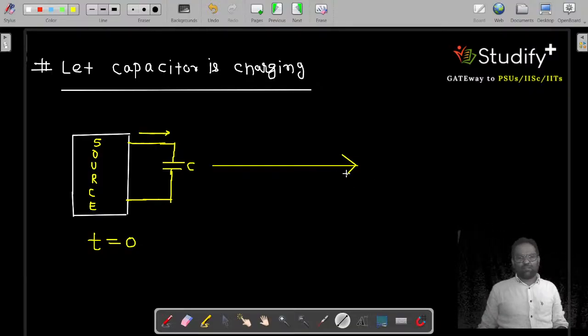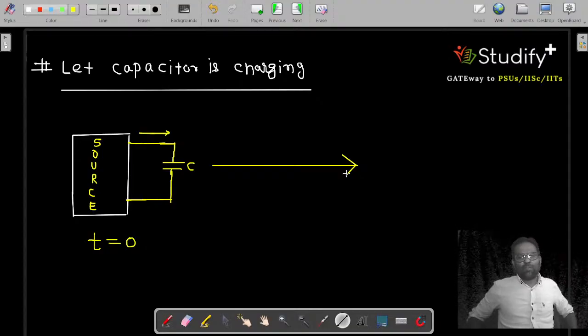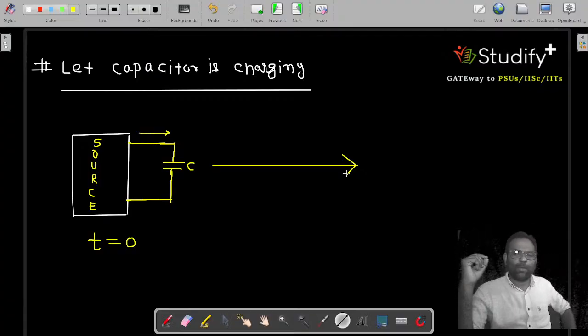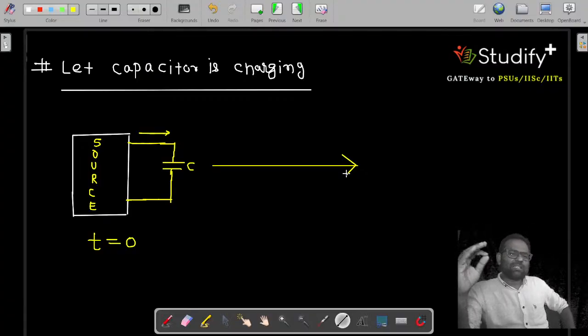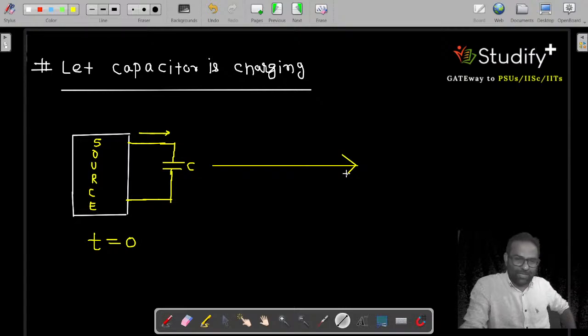Always remember the time constant of the capacitor is 1 microsecond or 2 microseconds, and generally steady state is 4 times the time constant; 3 times or 5 times the time constant are also used.